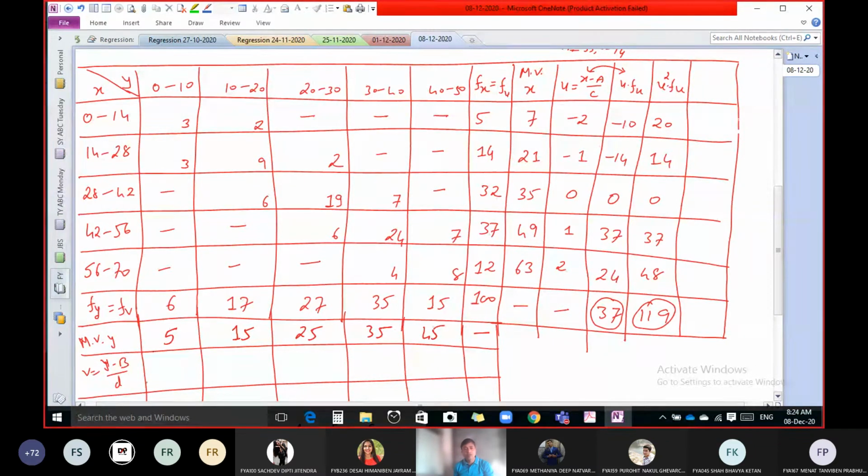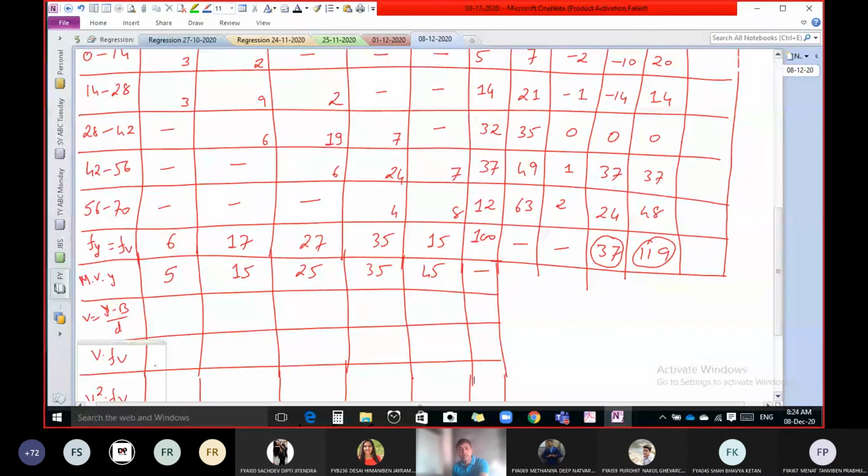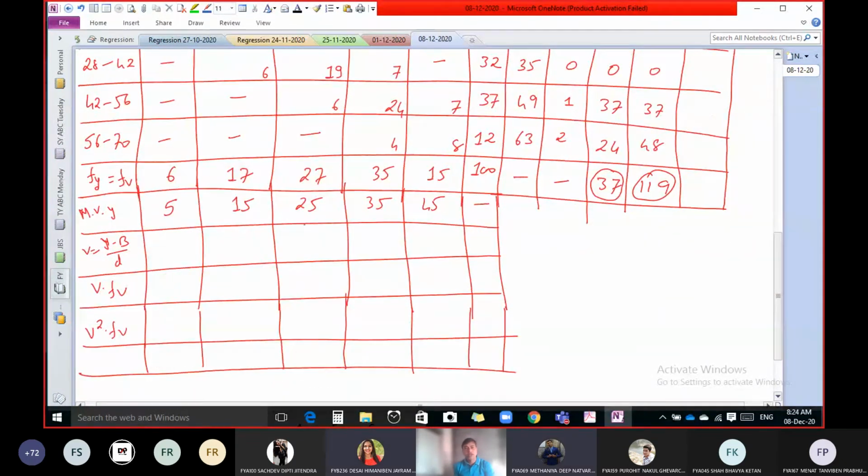Now convert this y into v. You can take b equal to 25 and d equal to how much? 10. So we get here -2, -1, 0, 1 and 2. No need to find the total of this.